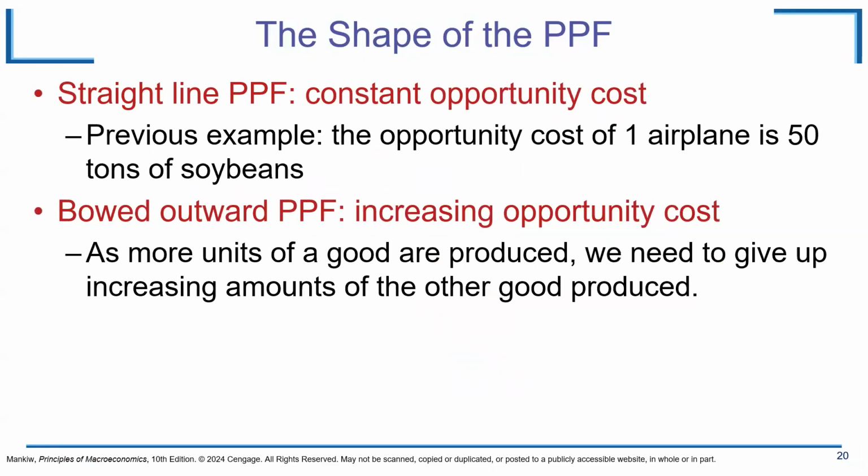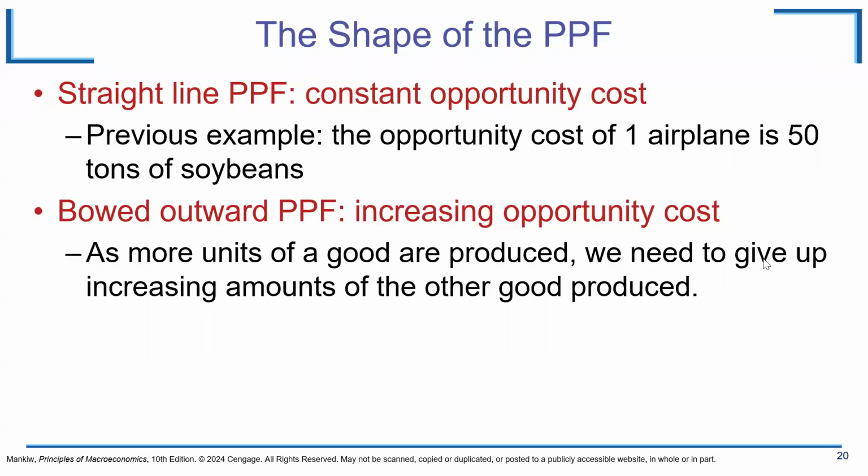The shape of the PPF is not always a straight line. If it is a straight line, it means a constant opportunity cost. In the previous example, the opportunity cost of one airplane is always 50 tons of soybeans, and this exchange rate is kept constant for the entire PPF.